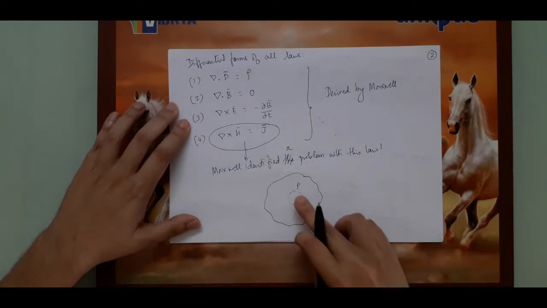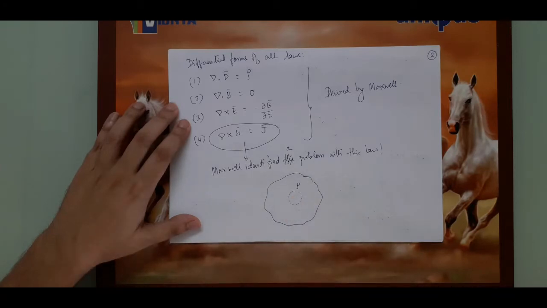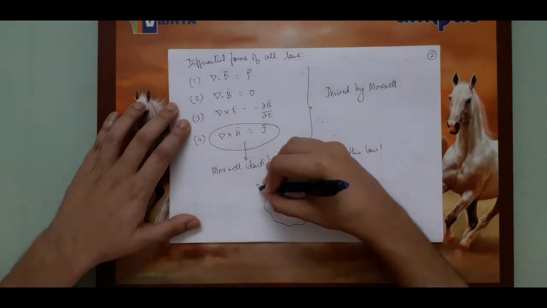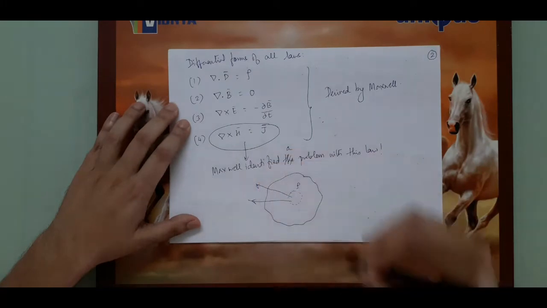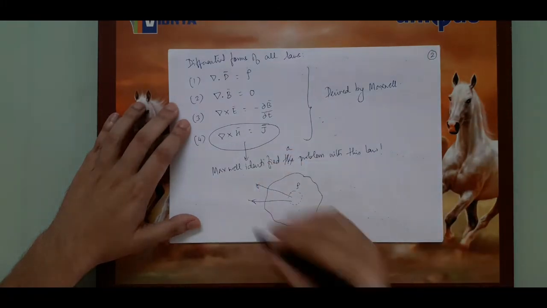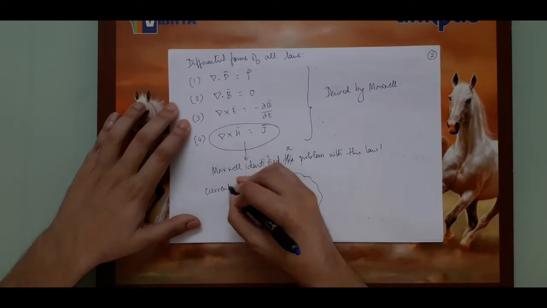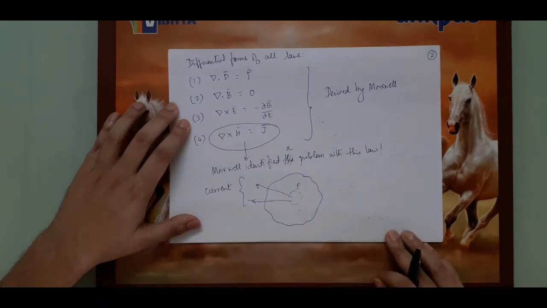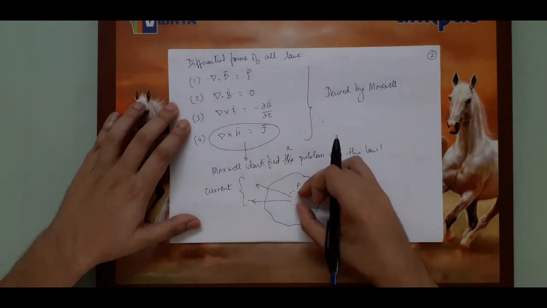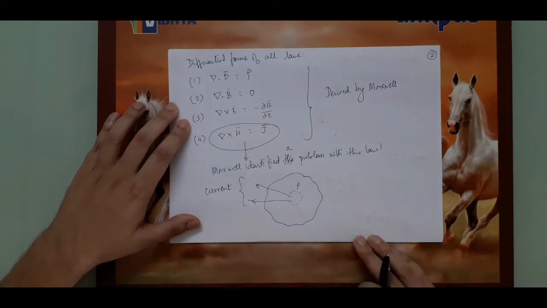Now suppose these charges start moving and start leaving this surface by means of current. If these charges start moving, they will constitute a current.